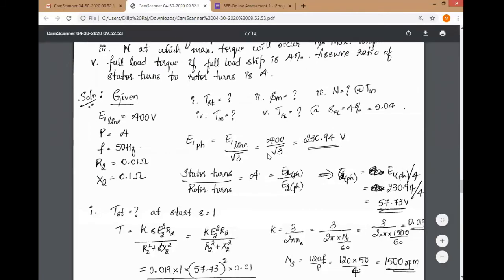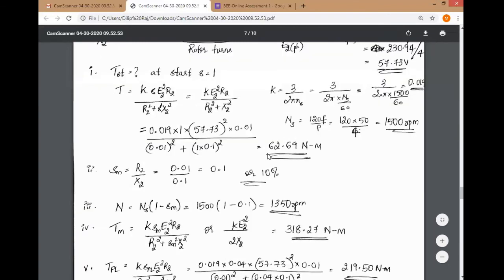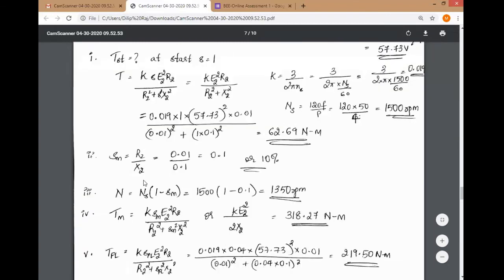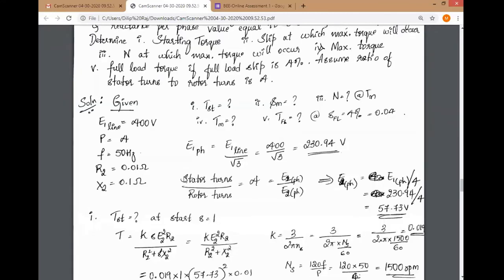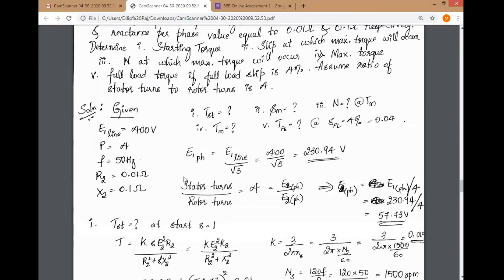Next, the second parameter to calculate is slip at maximum torque. We know the slip at maximum torque is Sm, which is given by R2 by X2. Both R2 and X2 values are given. When you take the ratio, you get the slip corresponding to maximum torque as 0.1, which is otherwise expressed in percentage as 10%. The third parameter he wants to calculate is the speed at which the maximum torque occurs.